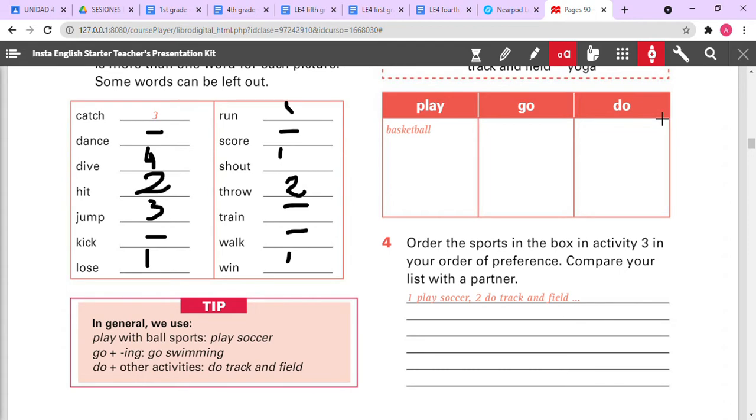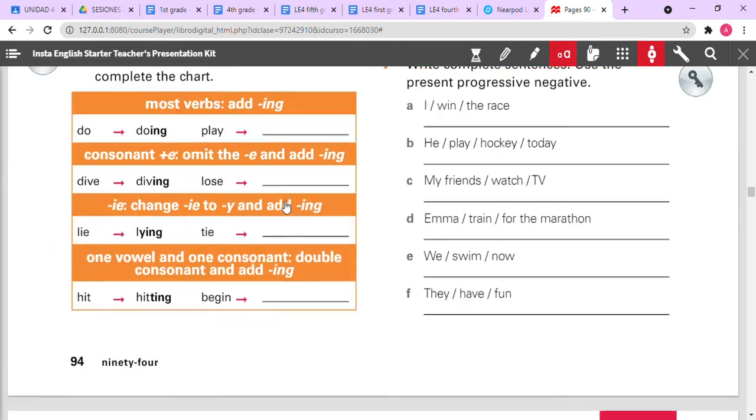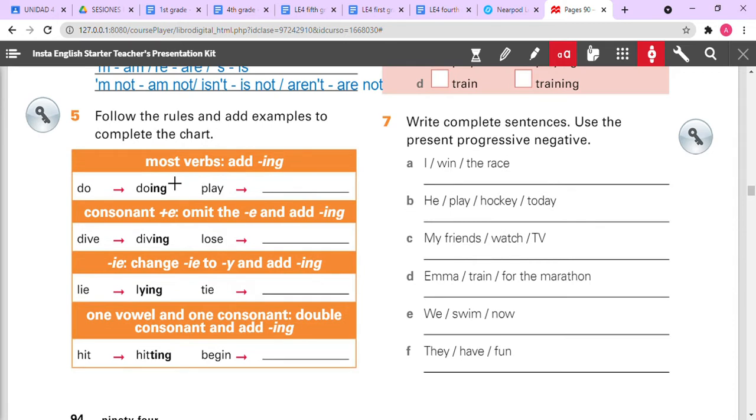And here there are 3 more, no? Play, go, and do. 17 verbs. So be careful. The idea is this. If you follow this rule and you understand this rule, it is going to be easy. But if you don't understand this, it is going to be so hard to understand.